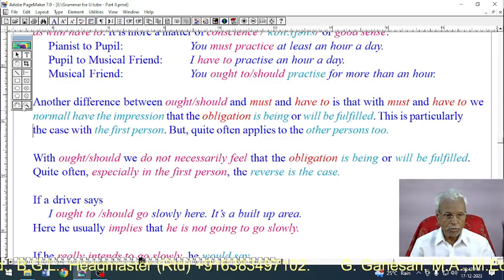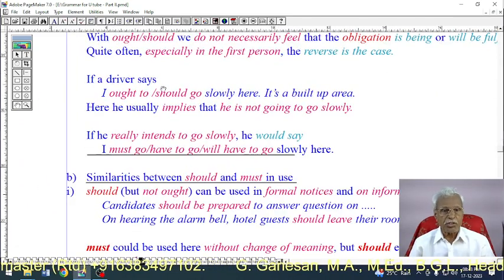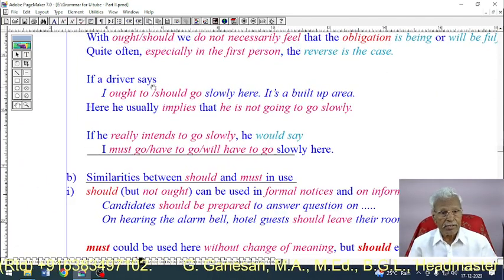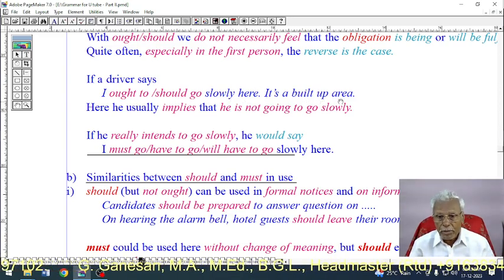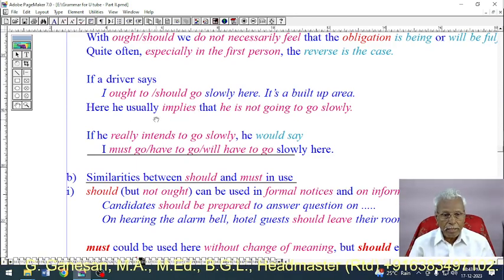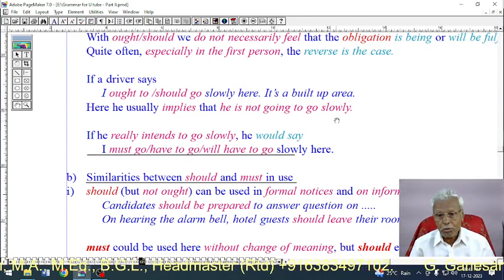See a suitable example. If a driver says, I ought to or should go slowly here, it is a built-up area, he usually implies that he is not going to go slowly.